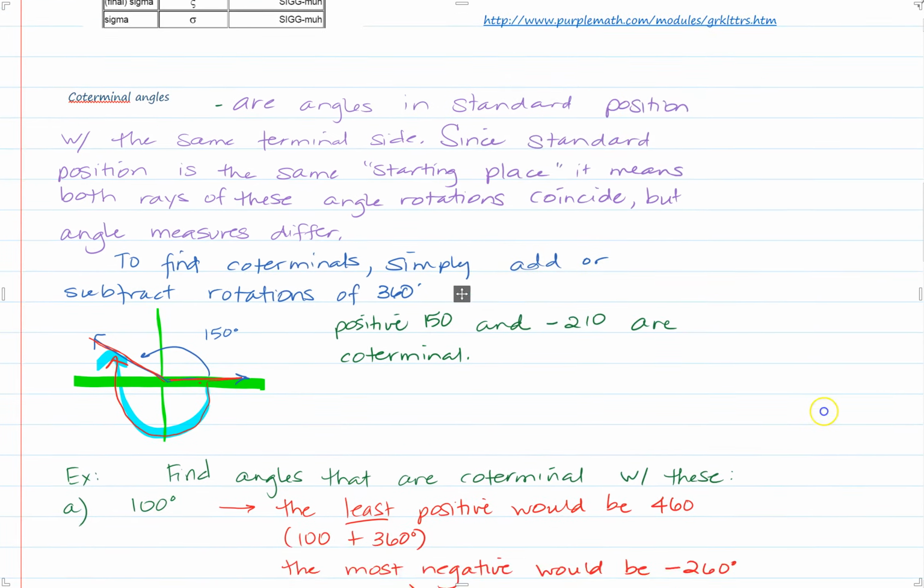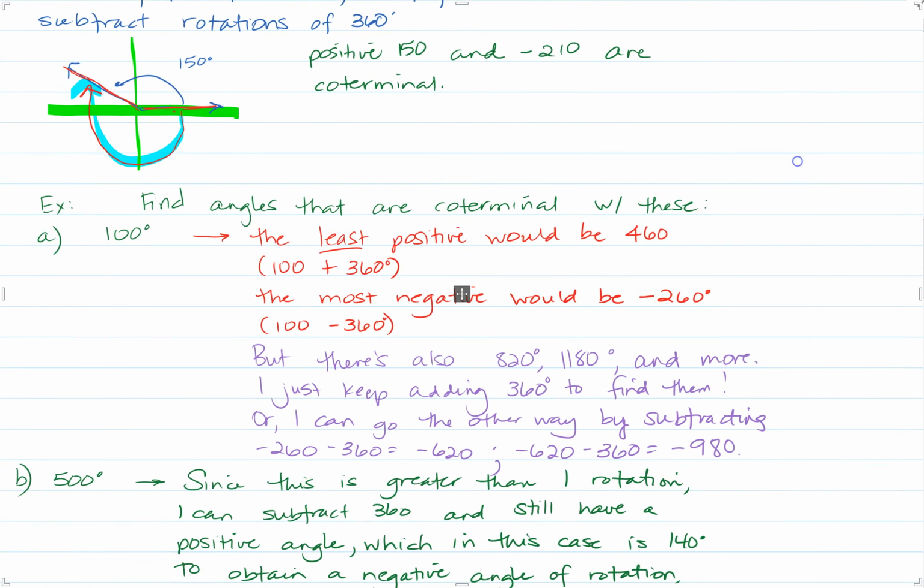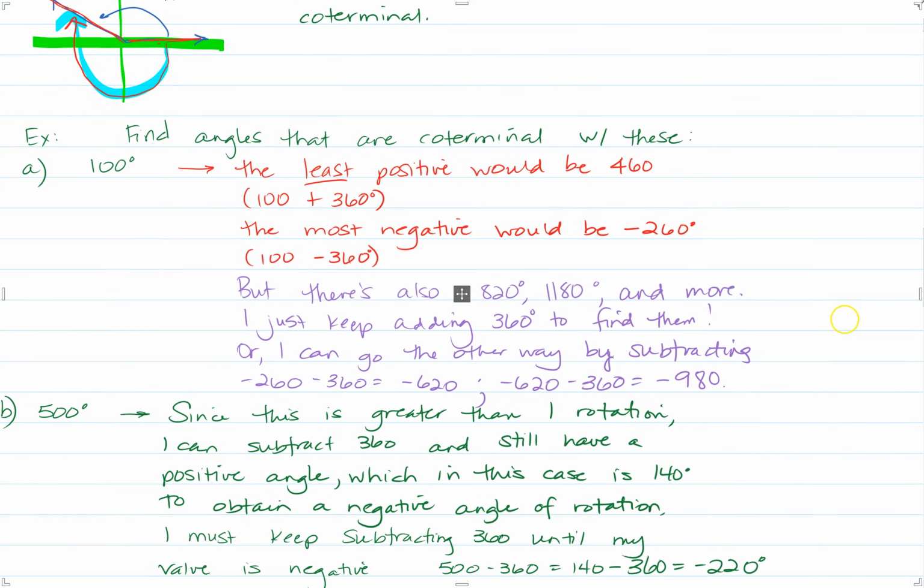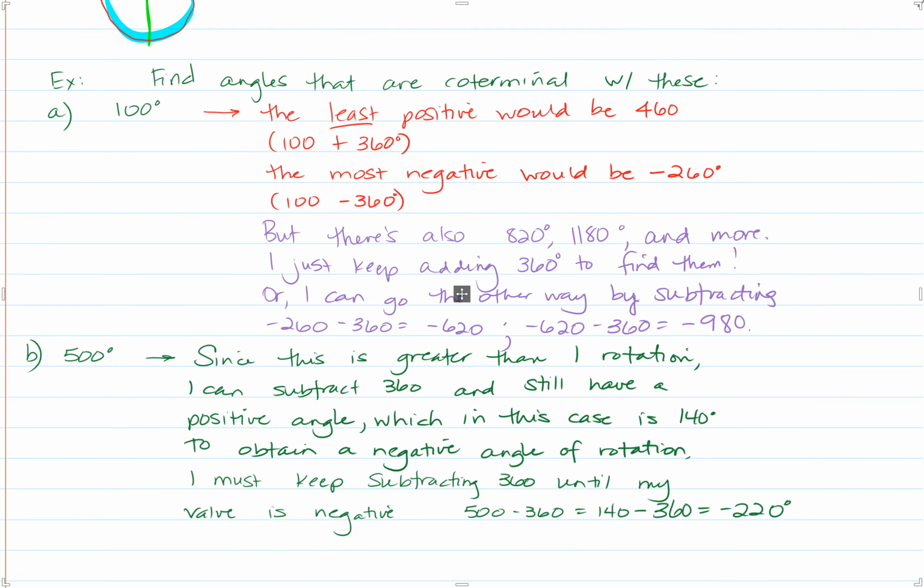Let me show you. Let's say you're given 100 degrees and it says find angles that are coterminal with this.